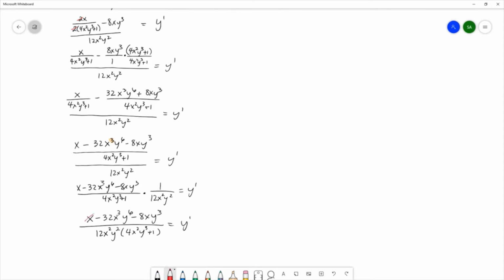X here, and x here, and x here, and 1x from here to get 1 minus 32x squared y to the 6 minus 8y cubed. And they distributed this 12 in the bottom to get 48x cubed y to the 5th plus 12xy squared. Okay, so there it matches what's in the key.